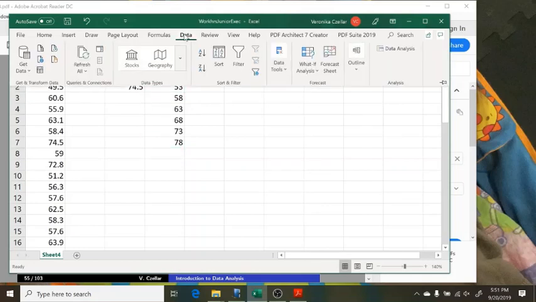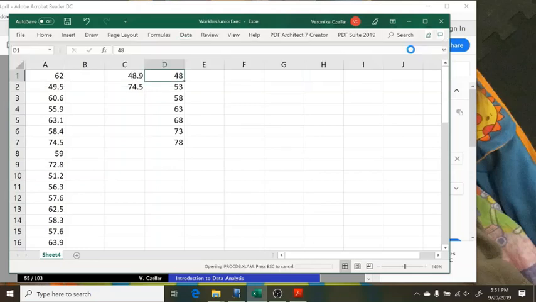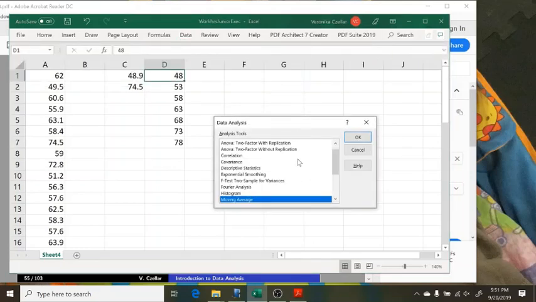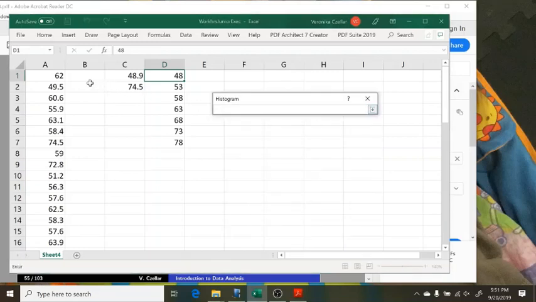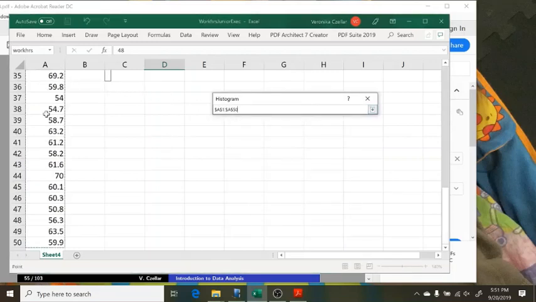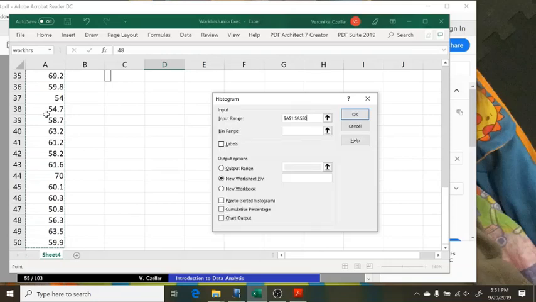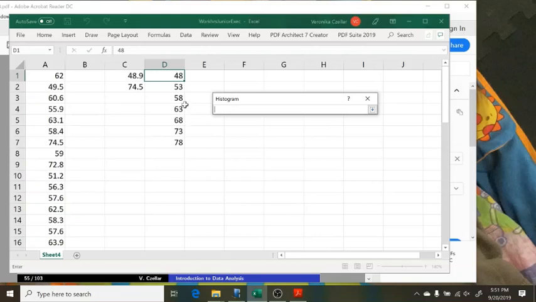By clicking on data and then data analysis, I select histogram, and I enter in my input range the A column, and then in the bin range I enter my D column.